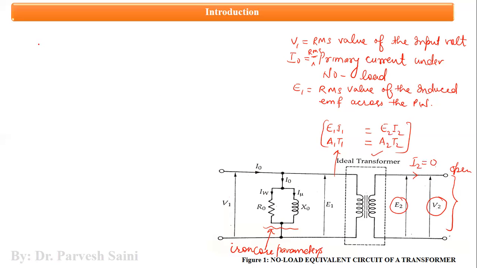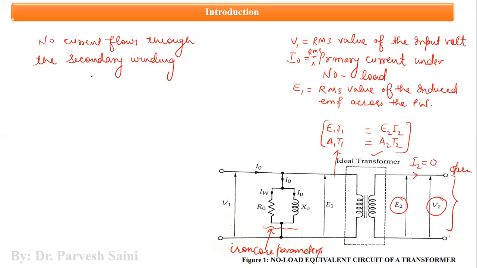That means no current flows through the secondary winding, that is I2 is equal to 0, because the secondary is open.